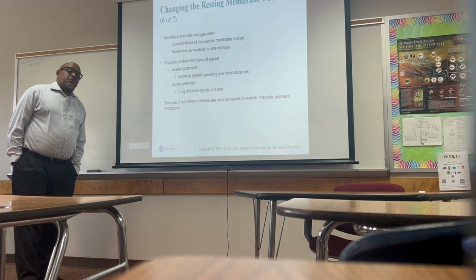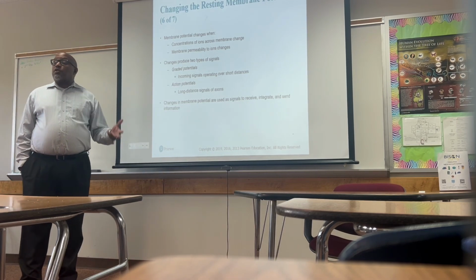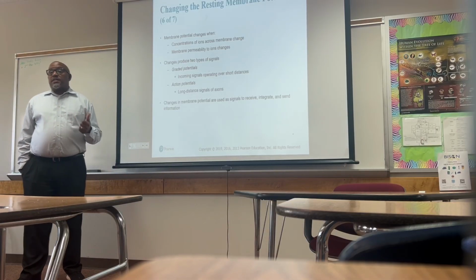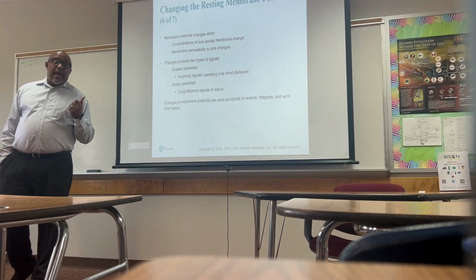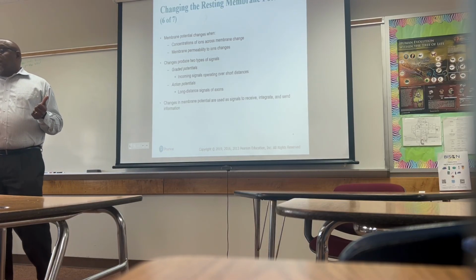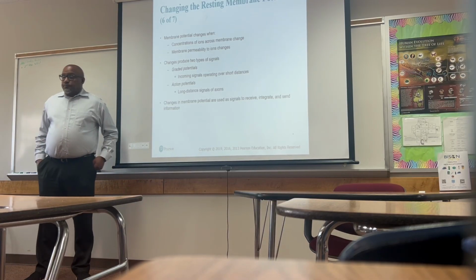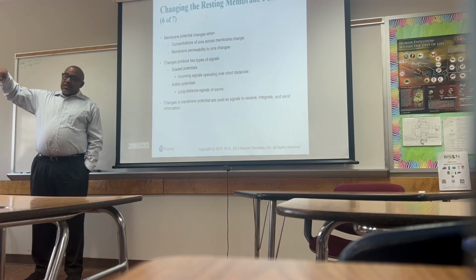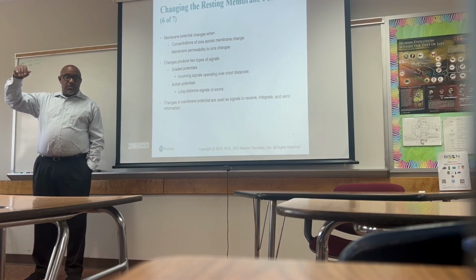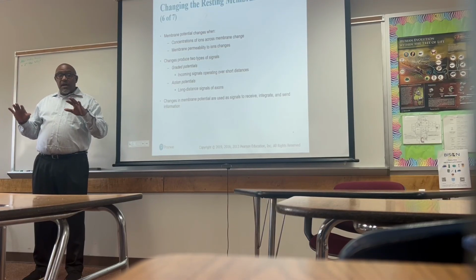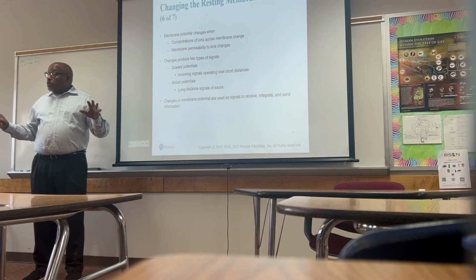Graded potentials and action potentials, they're both signals that move in a nerve. There's a difference though. Graded potentials decrease over time and distance. Action potentials do not decrease over time and distance. Another way to say that. Graded potential is like rocks in a pond. You throw rocks in a pond, you know how it makes the ripples? But the further and further you get away from where the rock went into the pond, the smaller, the more gentle the ripples become.